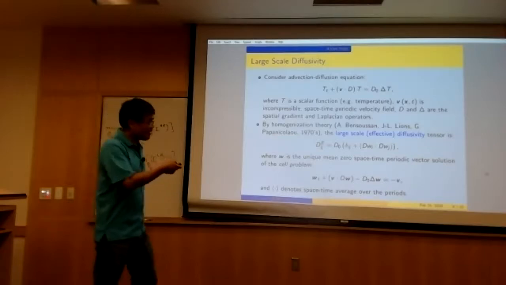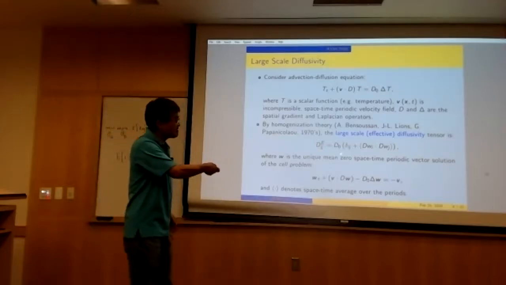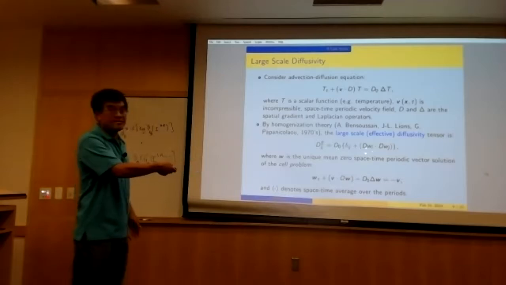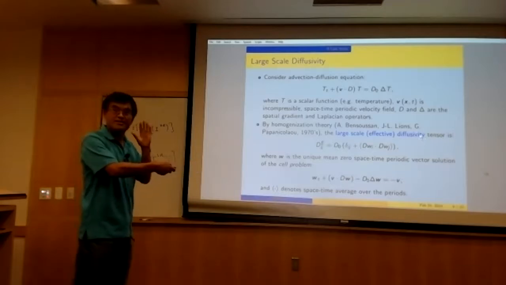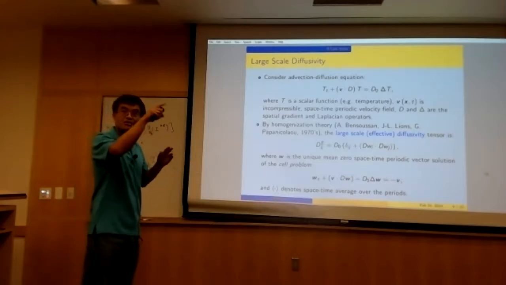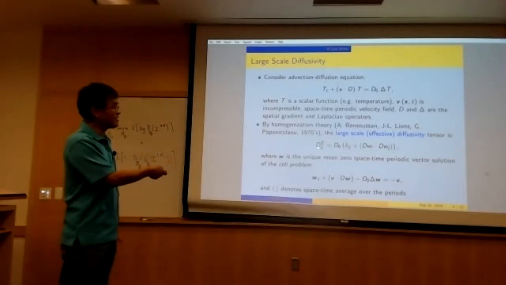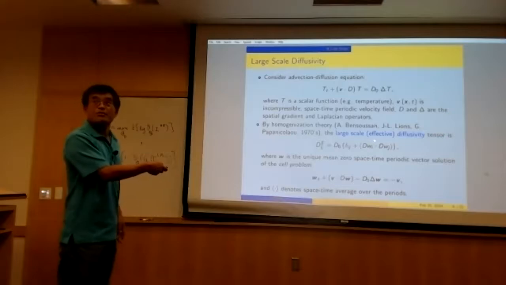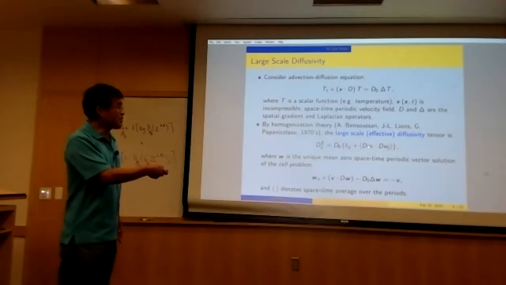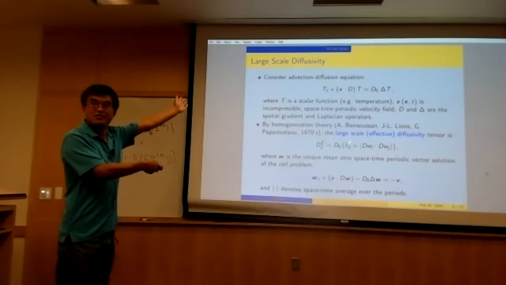And I'd also like to point out a connection of this formula with the Kolmogorov quantity called the energy dissipation. Remember, that's nu gradient U squared, right? So if I is equal to J, if you look at the diagonals, then this is exactly gradient of W squared multiplied by D0. D0 here is just the nu, right?